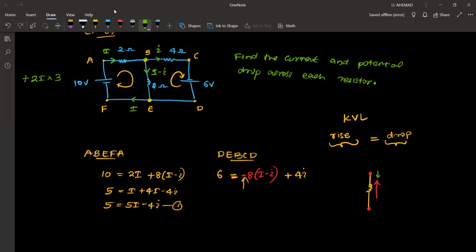What if this is a resistor, but you are traveling in this direction? When you are analyzing, you are traveling in this direction. Now, how should you consider this, as a drop or a rise? You will have to consider it as a rise because the potential is increasing.